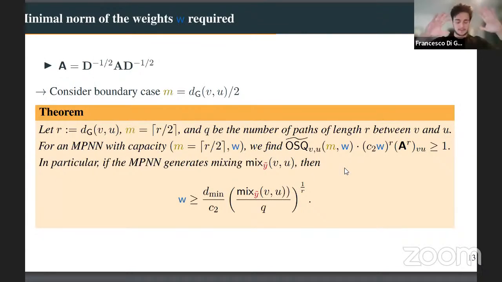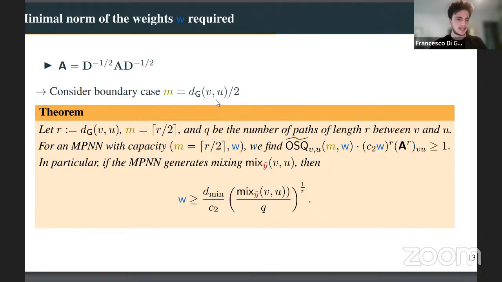From now on, I'm taking the message passing matrix A to be the symmetrically normalized adjacency. This is just for simplicity, but in the paper, you can find in appendices C and D extensions of all the theorems to other common choices of the adjacency, like the random walk normalization or the unnormalized case. Now, consider the following boundary case.